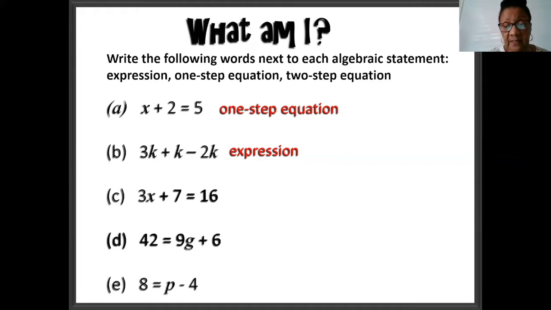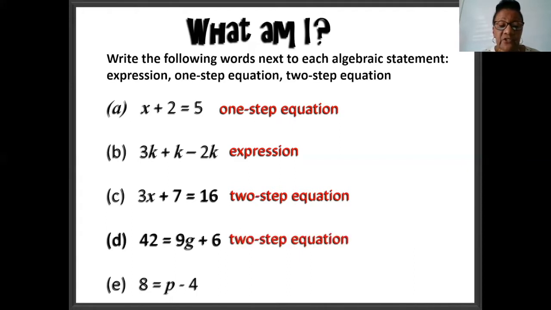It just has the terms, and the terms are connected by the operation signs. C. 3x plus 7 is equal to 16. That is a two-step equation. D. 42 is equal to 9g plus 6. That is also a two-step equation. And E. 8 is equal to p, take away 4. That is a one-step equation.